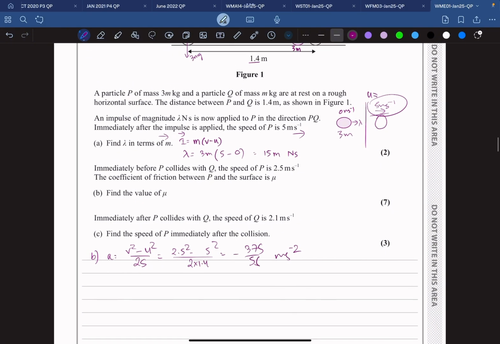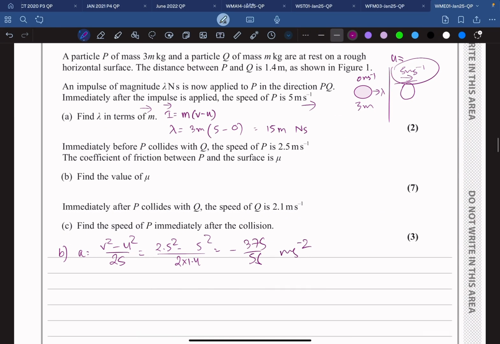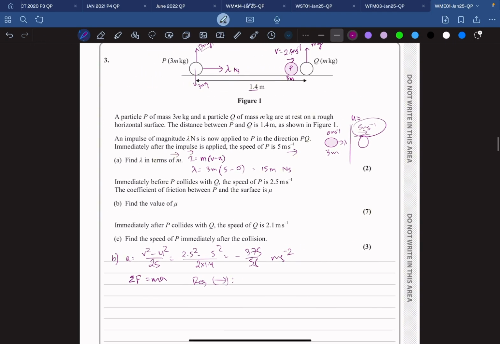And now we can actually use Newton's second law. Resultant force is equal to ma. If you resolve for the particle P in this direction towards PQ, what forces are acting on P? Remember, I'm only concerned about the forces acting in the horizontal direction, not other forces, not the weight or the reaction force.